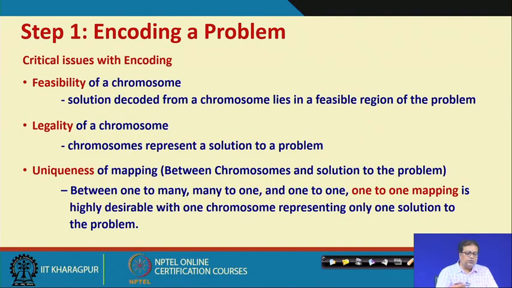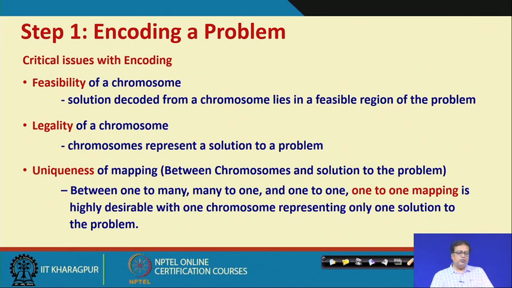So, these are the issues. Feasibility is an issue: the solution decoded from a chromosome should lie in a feasible region of the problem. Then legality: the chromosome represents a solution to the problem, it should not be something else. And uniqueness of mapping: one-to-one mapping is highly desirable.